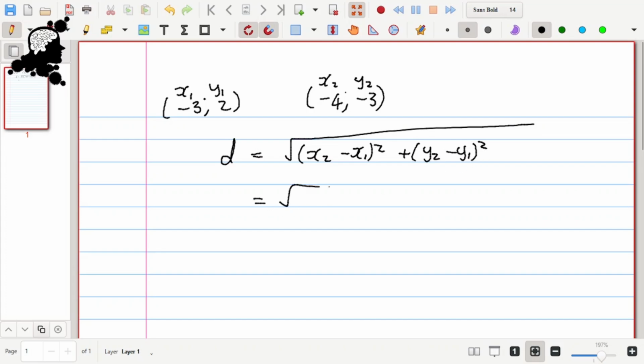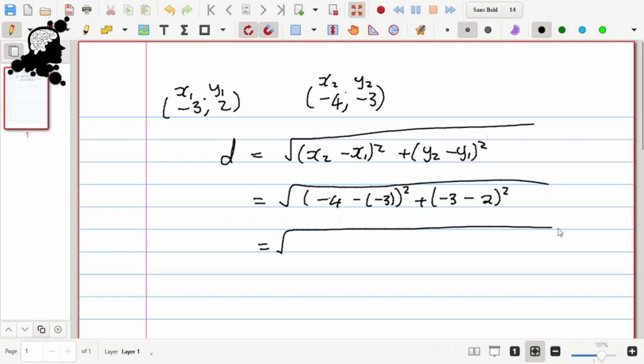Let's see what this is going to give us. So this is the square root of, for x2, we've got -4, minus x1, which is -3. It is important for you to put this in brackets because the negative and the negative will multiply out to give you a positive. Then we add y2, which is -3, minus y1, which is 2, squared.